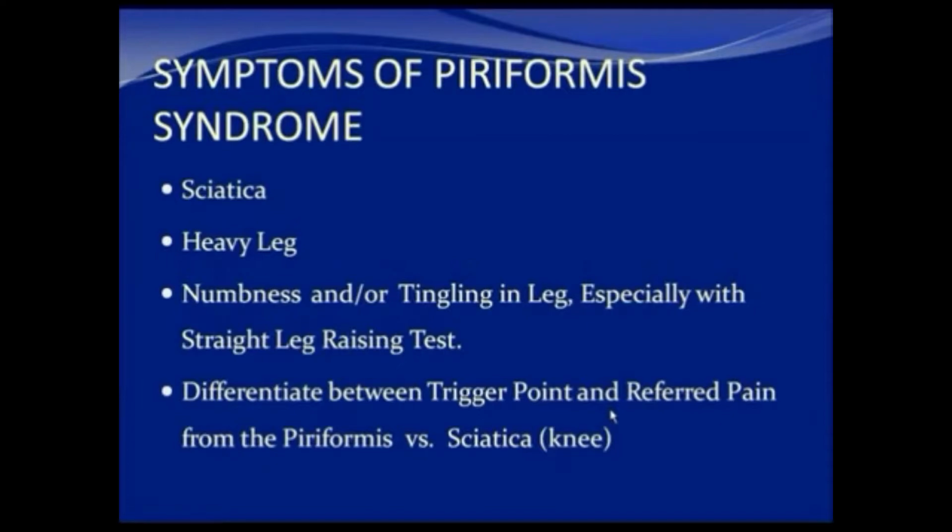If you have just the trigger point in the piriformis muscle and it is causing symptoms in the reference zones down the back of the leg, the patient will complain of symptoms in the thigh, in the calf, and at the heel, and perhaps into the arch of the foot. It skips the knee if it's purely myofascial reference pain.